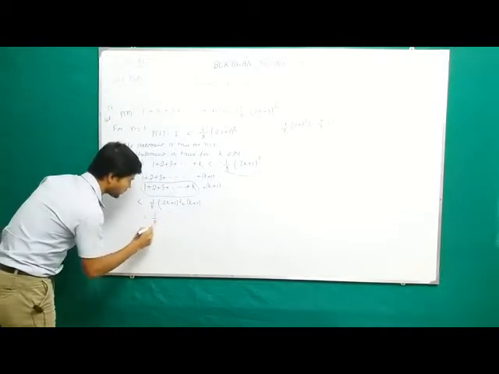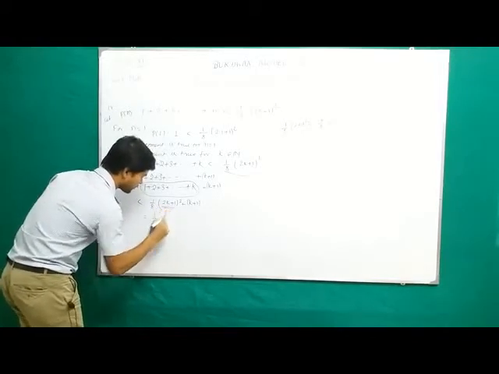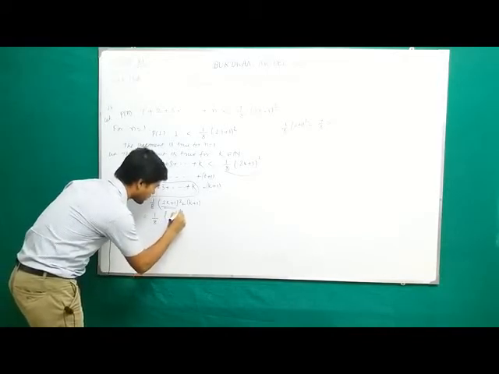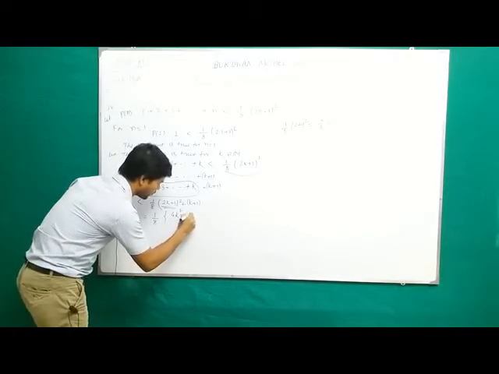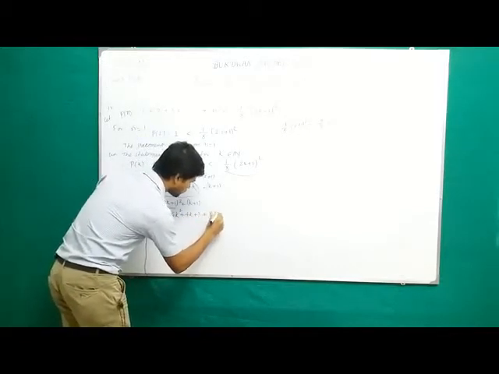Okay, now do a little calculation. First take 1 by 8 common and expand this. If I expand this expression (2k plus 1) whole square, it will be 4k square plus 4k plus 1, and plus 8 into (k plus 1).